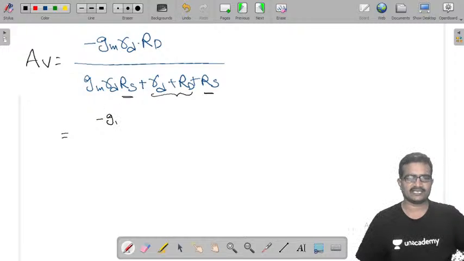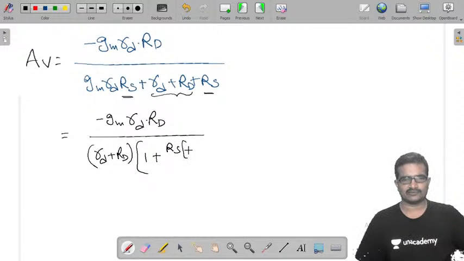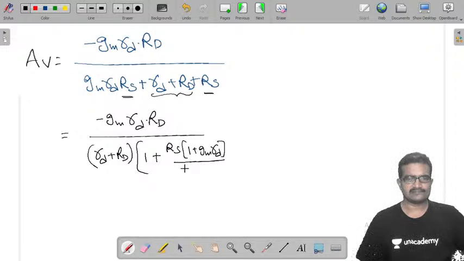Now it is minus gm into small rd into capital RD by small rd plus capital RD into 1 plus, in these two I am taking RS common, RS into 1 plus gm into rd by small rd plus capital RD.